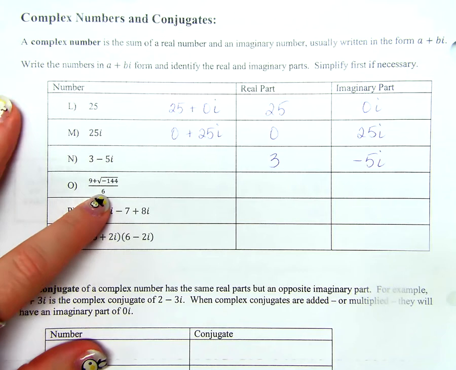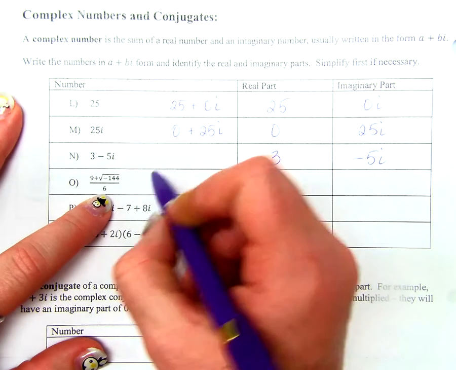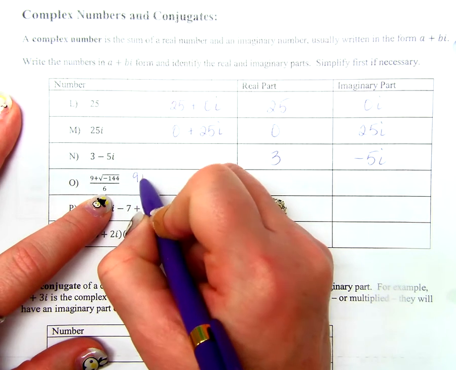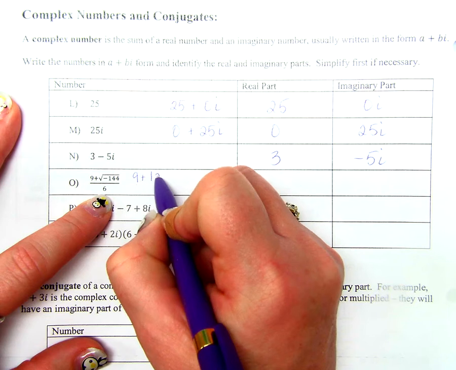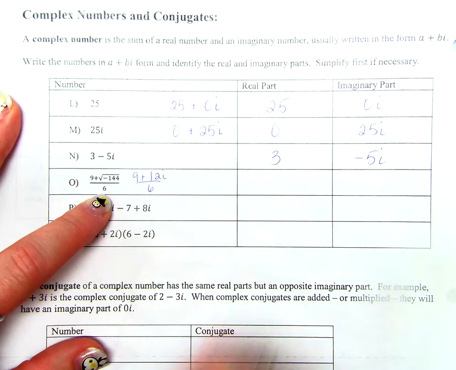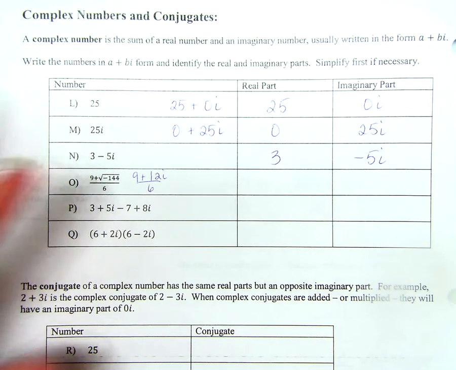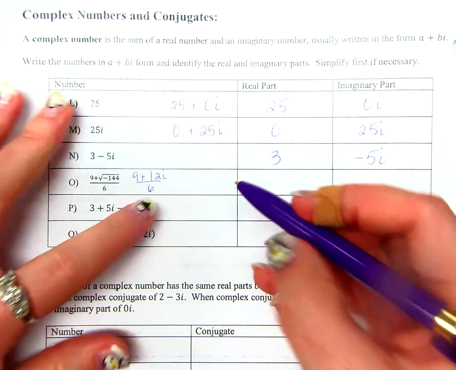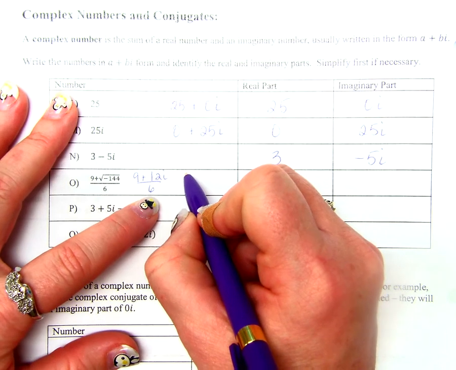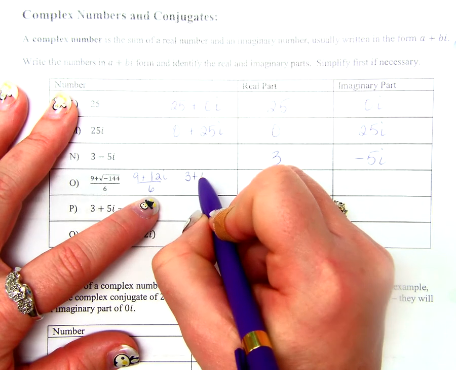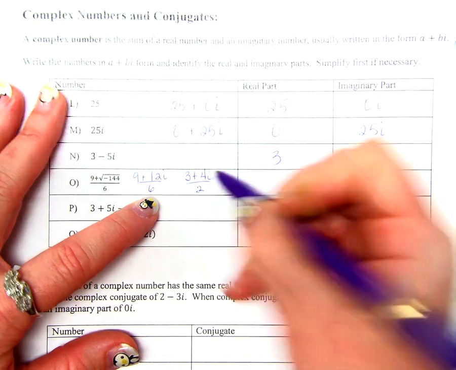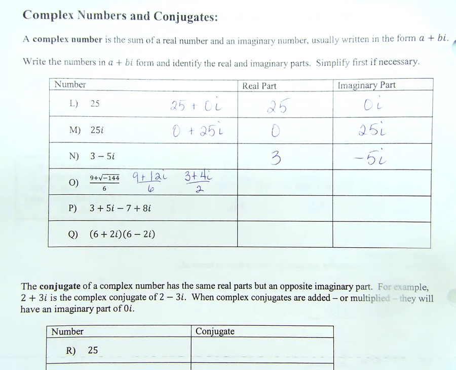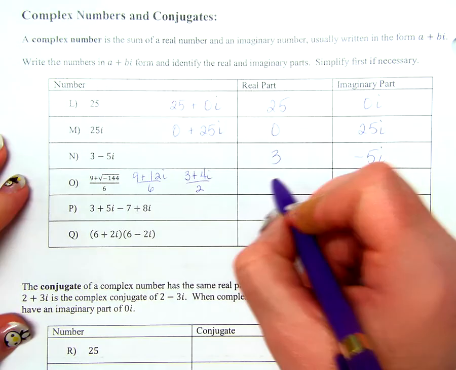Oh, I got to simplify this, don't I? Okay, so I've got 9 plus 12i divided by 6. What do you notice? They're all divisible by 3, so do it. 3 plus 4i over 2. So what's the real part? 3 over 2.